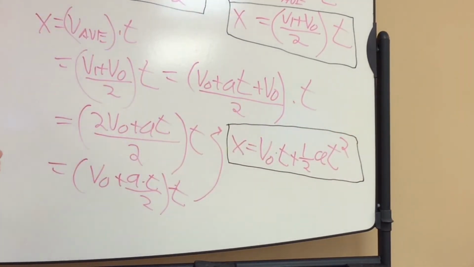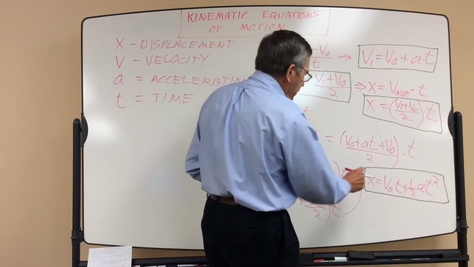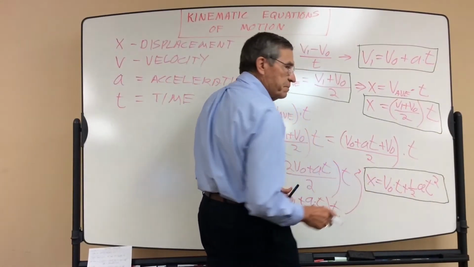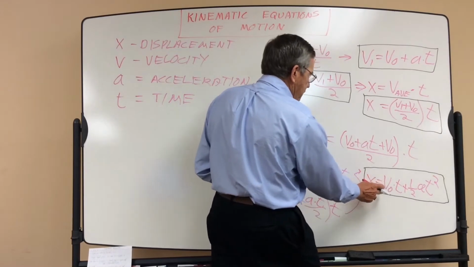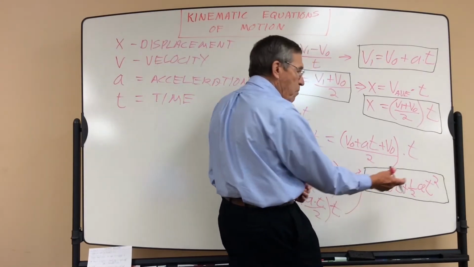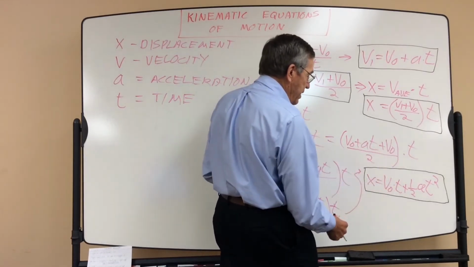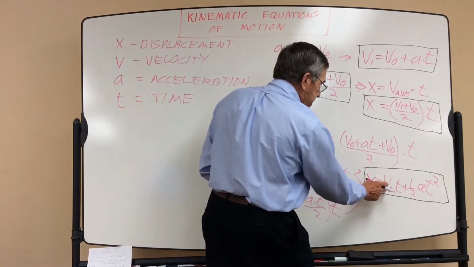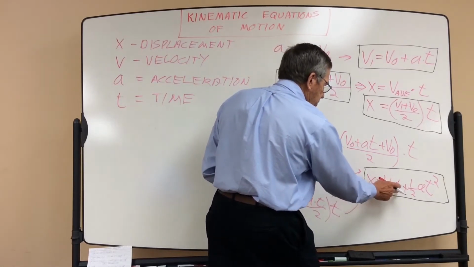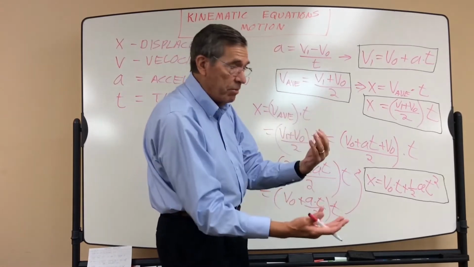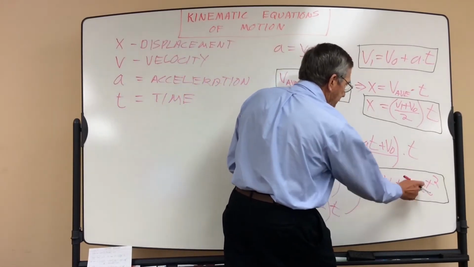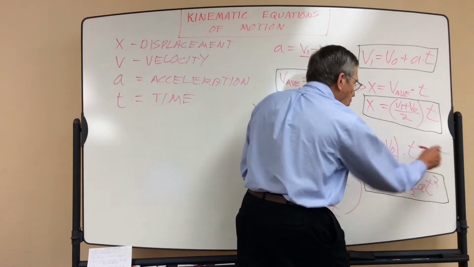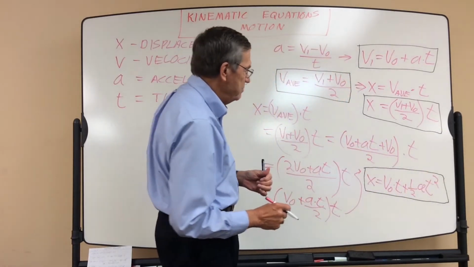So what that tells us is if you want to find the displacement of an object in motion, you can find that by doing a couple multiplications and then an addition. I'll take the initial velocity, V0 times T, that gives me a number. And then I'll add to that 1/2 A times T squared.